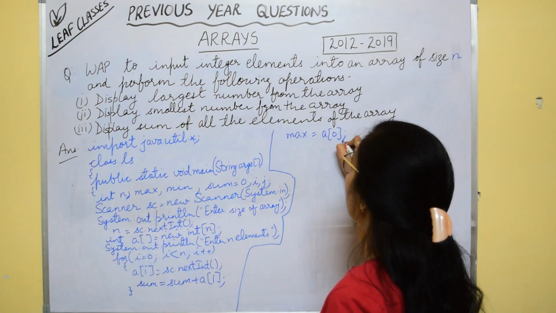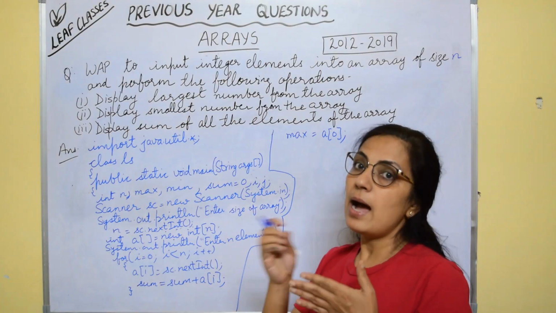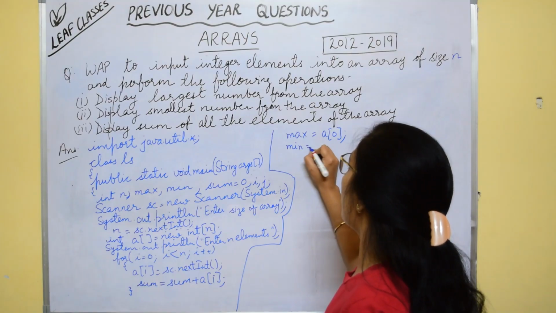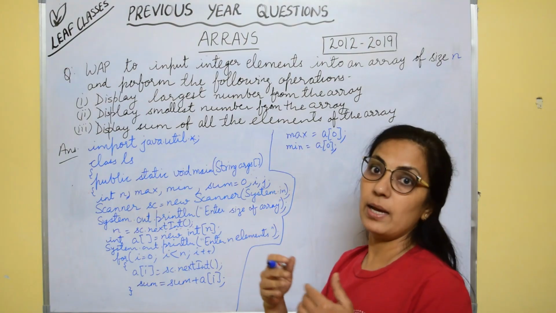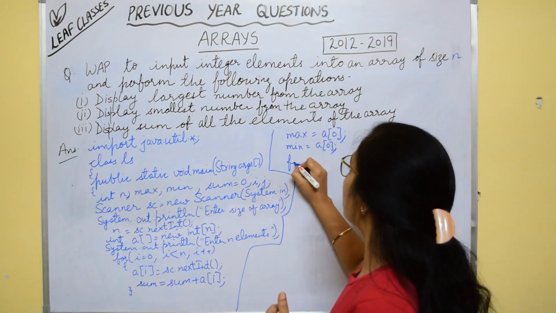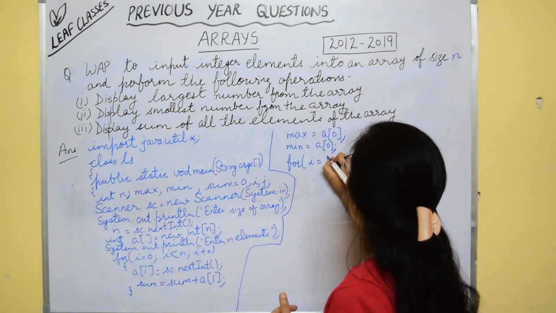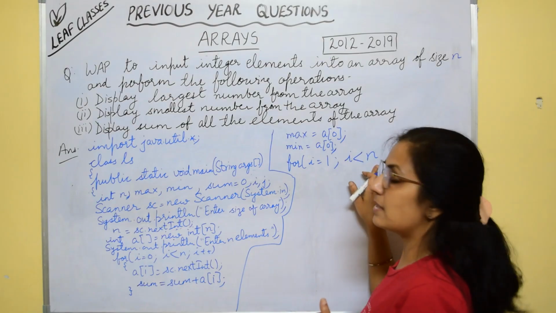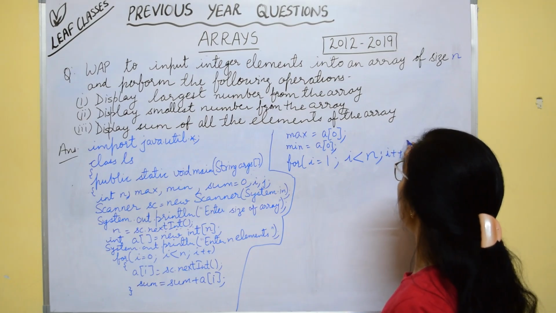We'll assume that the first element, that is the 0th element, is the highest and also the lowest. In max and min we will store this and we'll compare. Now after this we'll take the loop i equals 1, i less than n, till the last element of the array, i plus plus.